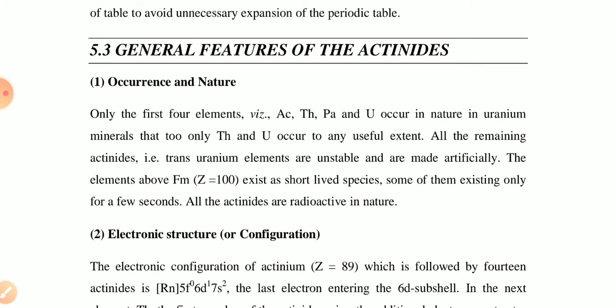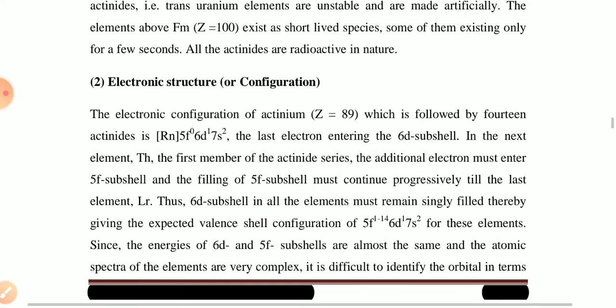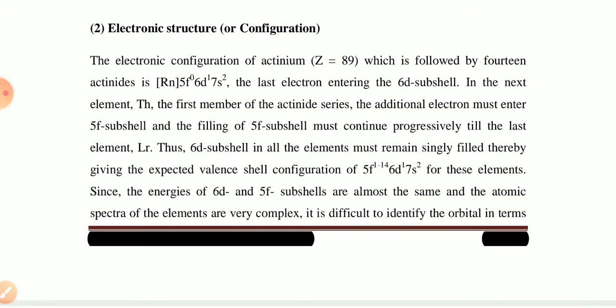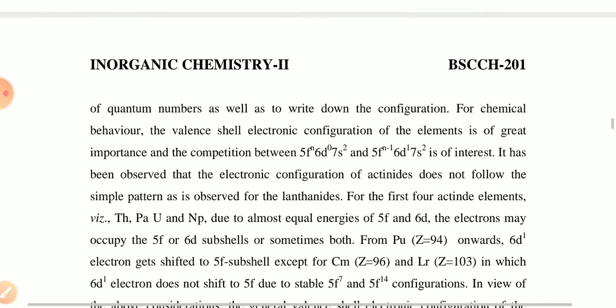The electronic configuration of actinides is 5f0-14 6d0-1 7s2. This is the general set of orbitals used in actinide electronic configurations.